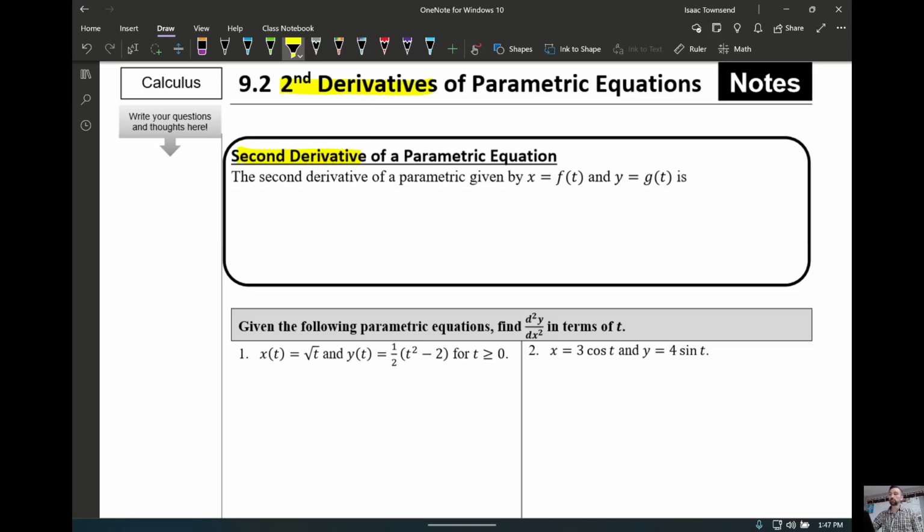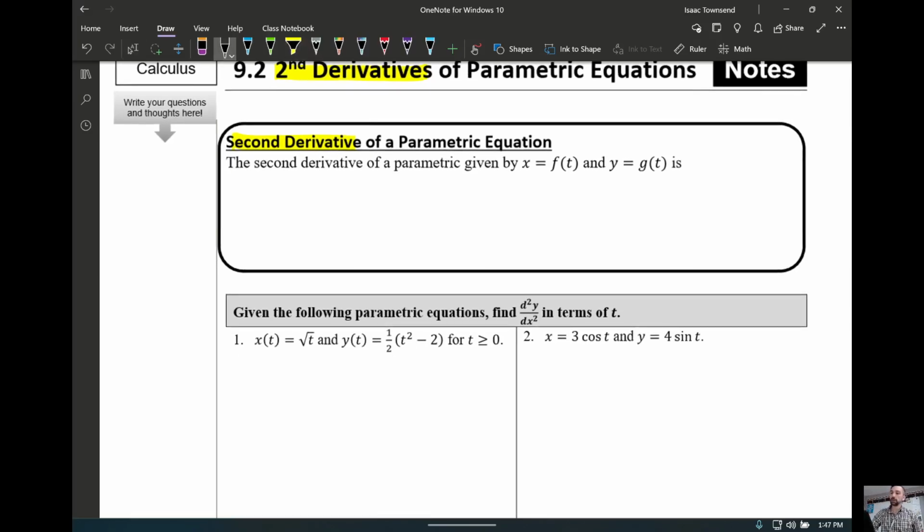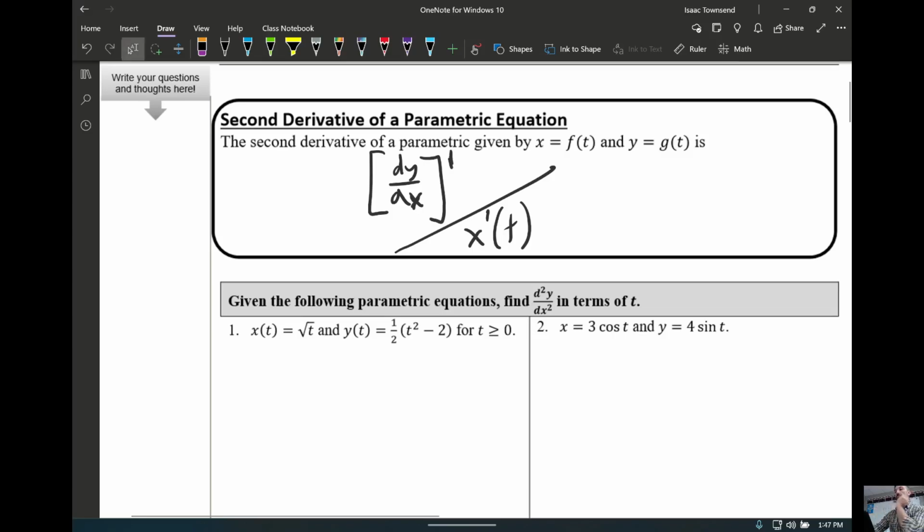And unfortunately, it's not super intuitive or anything, but you need to take dy dx, which is what we practiced finding last class, take the derivative of it again with respect to time, and then divide it all by the derivative of x in terms of time. So, I don't know. I need to look up why that works so that I know, but you guys don't have to derive it or anything. But this is the formula we're going to stick with for second derivatives.